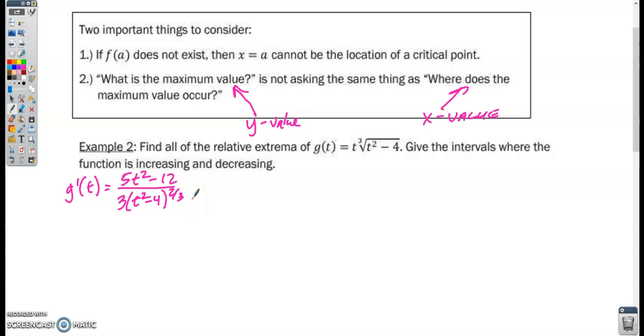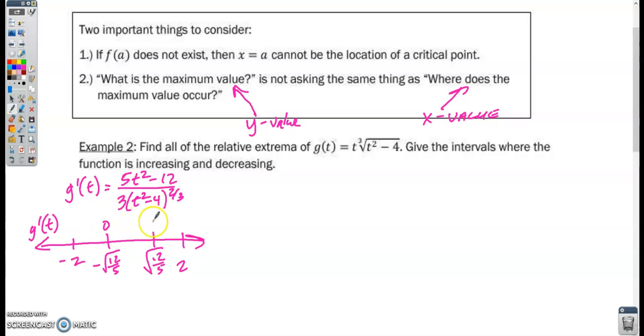And we figured out where the derivative was 0 and where the derivative was undefined, and we drew the sign chart. Save ourselves a little bit of time here. We drew the sign chart and had this was 0, and this was 0, and this was undefined, and this was undefined, and our derivative was positive, negative, positive.